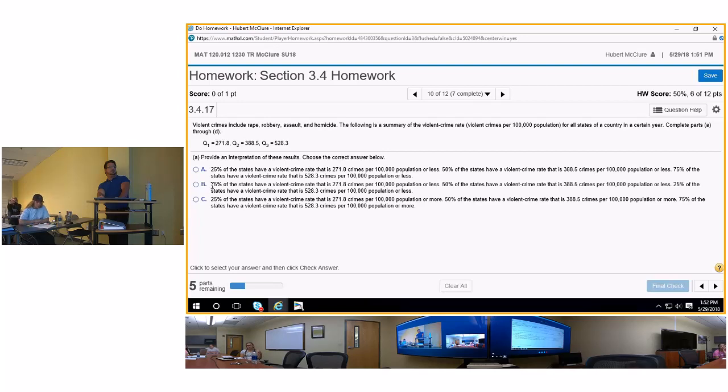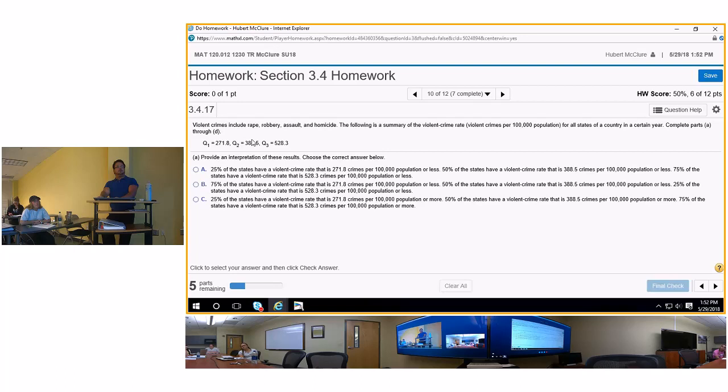So it's not this one. It's not B. It's either A or C. So now you got to read it. 25% of the states have a violent crime rate that is 271.8 crimes per 10,000 population, or less. 50% of the states have a violent crime rate that is 388.